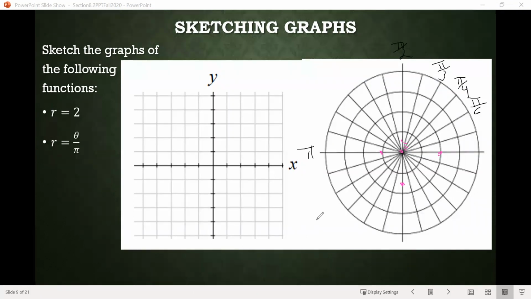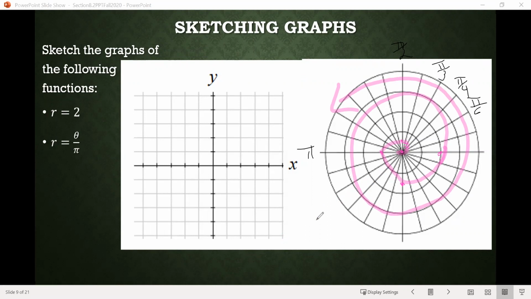And now if I start to connect the dots here, you'll see that what we start to get is a spiral type shape. And so if we were to continue, we can do something like this, which is kind of cool. So that's what the graph of that function would look like.